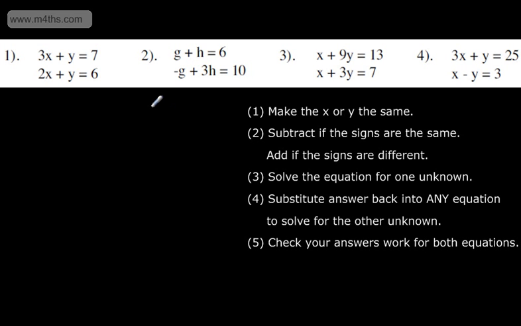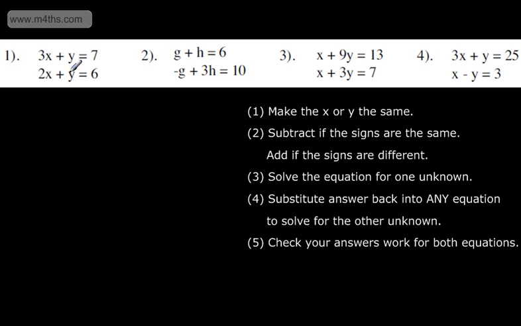So let's start off. What we've got is the first one. 3x plus y is equal to 7 and 2x plus y is equal to 6. What I've done here is written now an algorithm, or if you like, a set of instructions to follow to carry out the elimination method of solving these equations. So we need to make x or y, either the x or the y, the same.